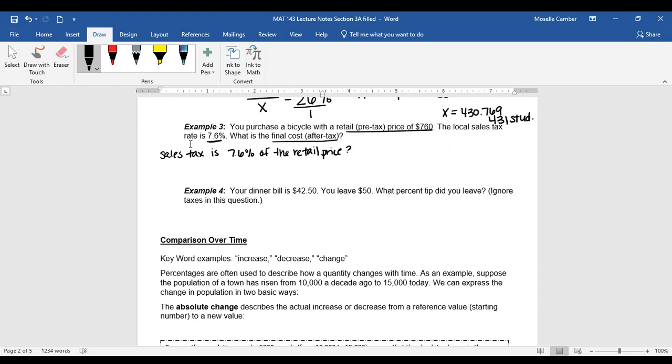So they take the sales tax by taking a percentage of whatever the pre-tax price was, the retail price. Okay, so now we have an is and we have an of. So sales tax is my is and the retail price is my of. Well, I don't know my sales tax amount, but I do have my retail price of 760. So I know my sales tax is 7.6% of 760.